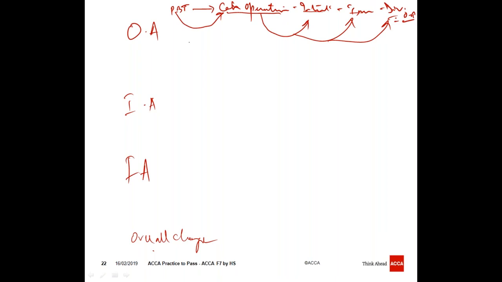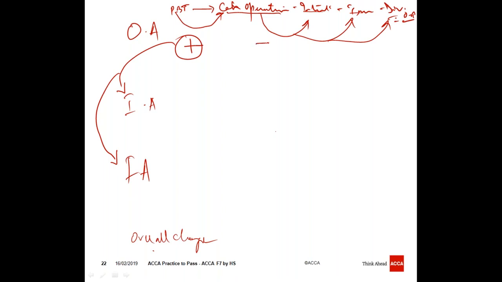If the answer of the operating activity is finally positive, then you should know how and where we have invested this cash. So it could be in financing or it could be in investing. Like this cash can be used or utilized in the purchase of the new assets, or it could be used for the repayment of the loan.